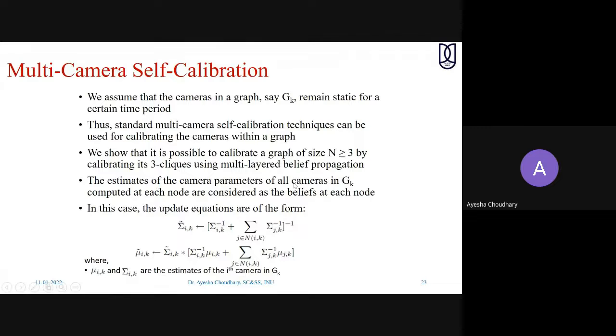The estimates of the camera parameters for all cameras in a clique, computed using multi-camera self-calibration, are considered as the belief of that node. Then we use these belief update equations to compute the sigma_ik's and the mu_ik's, which are the estimates of the ith camera in the kth clique.